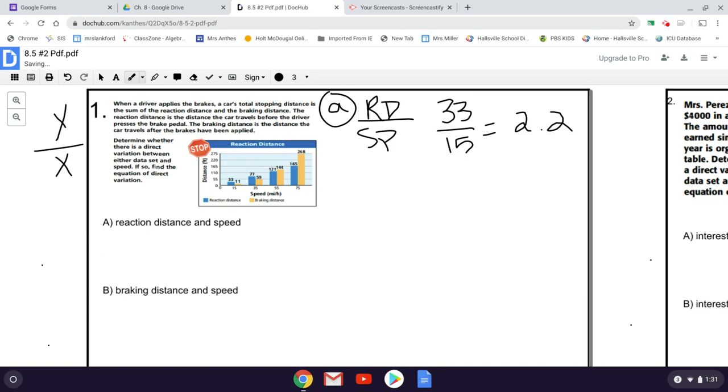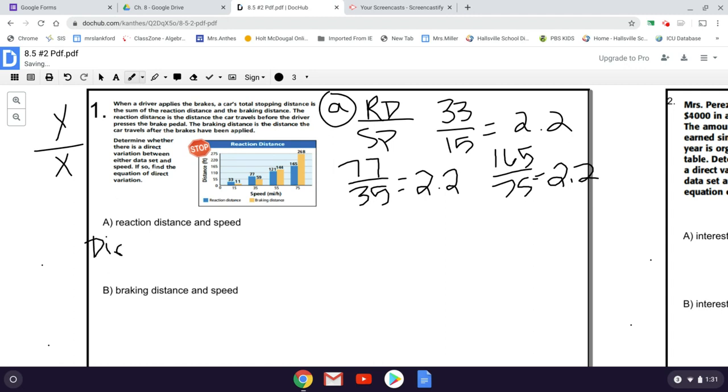And then if we try another one, 77 over 35, that is also 2.2. And 165 over 75 is also 2.2. So that tells us that this is a direct variation.